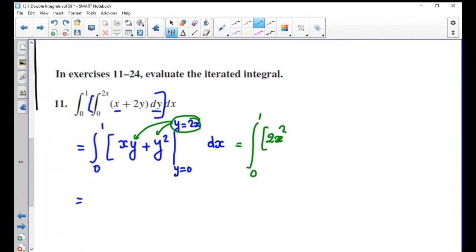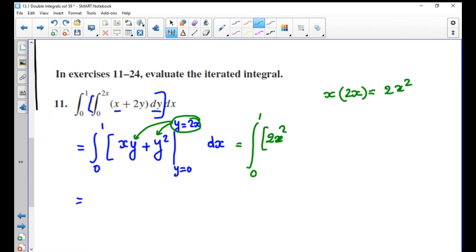When you substitute 2x for y, you will have x multiplied by 2x, which is 2x squared.